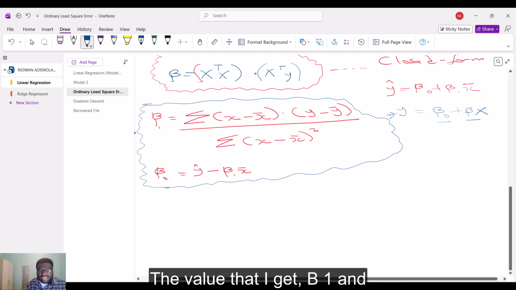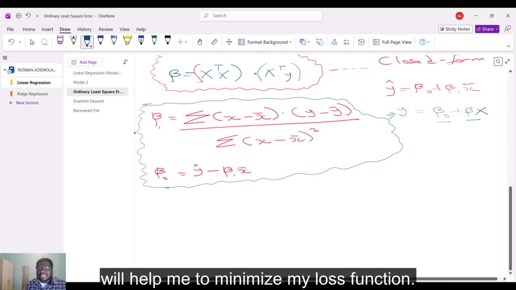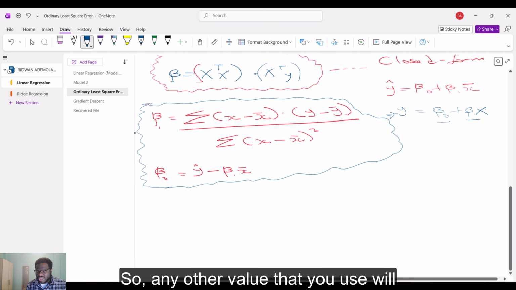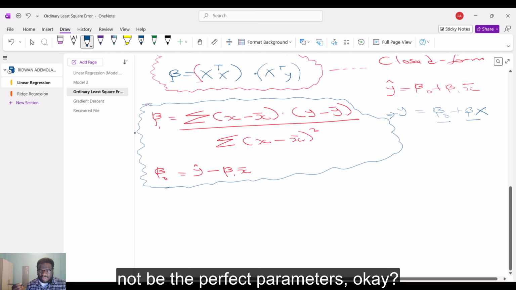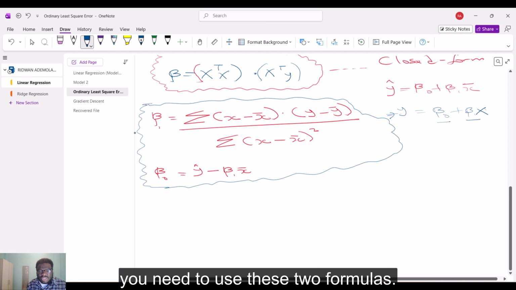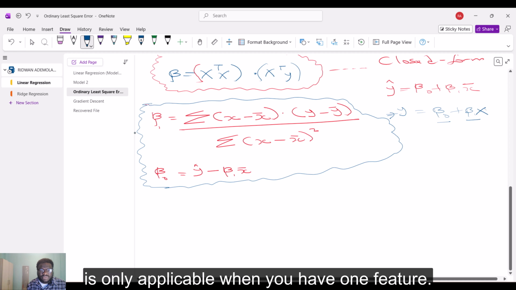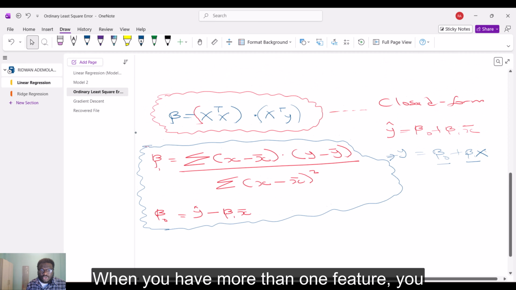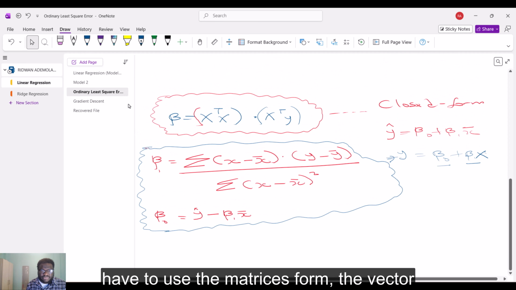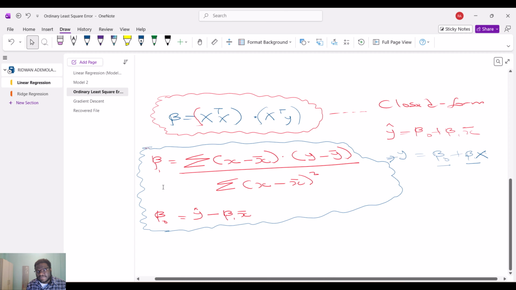The values that I get, B1 and B0, will help me to minimize my loss function. So any other value that you use will not be the perfect parameters, okay? So in order to obtain the perfect parameters, you need to use these two formulas if you have one feature. I repeat, this is only applicable when you have one feature. When you have more than one feature, you have to use the vector and matrices form, okay? But when you have just one feature, we can simply use this.